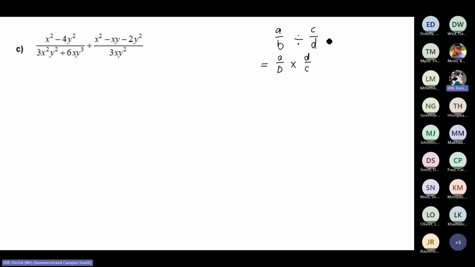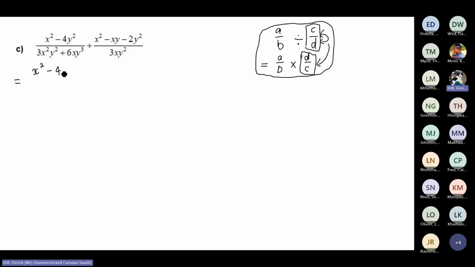So notice that this is the reciprocal of this, it's just flipped around. And our divide becomes a nice, easy multiplication, which is a lot nicer to deal with than a divide when we have all these fractions. So let us perform that little trick.